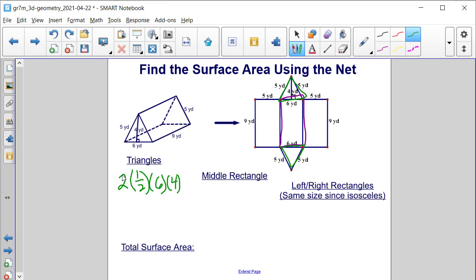Well, 2 times 1/2 is 1. So we have 6 times 4 remaining, which is 24 square yards. Now we have this middle rectangle. Again, it's 6 yards by 9 yards, which is equal to 54 square yards.